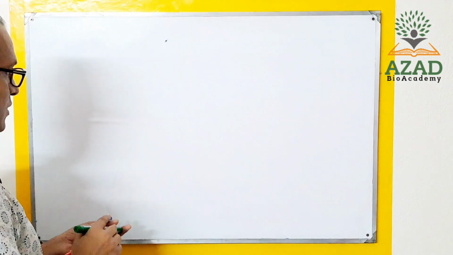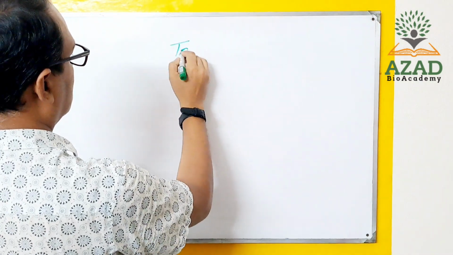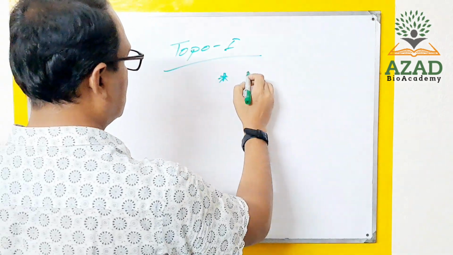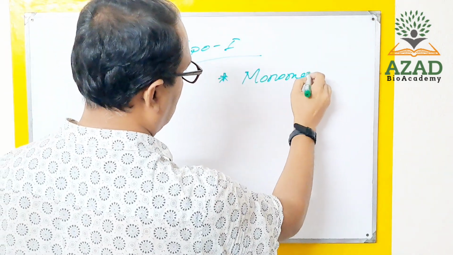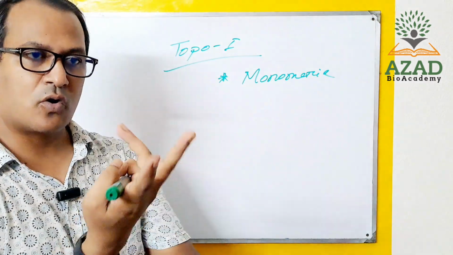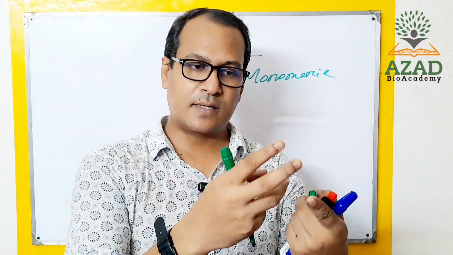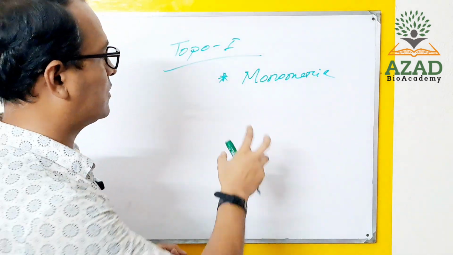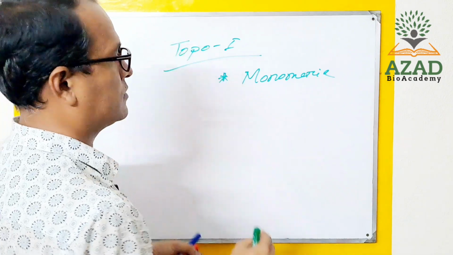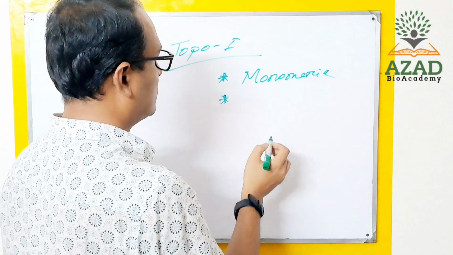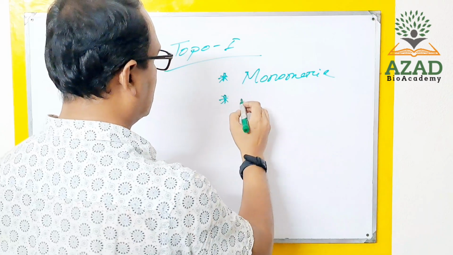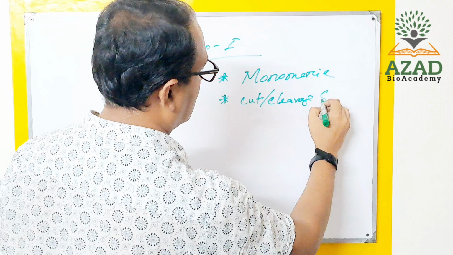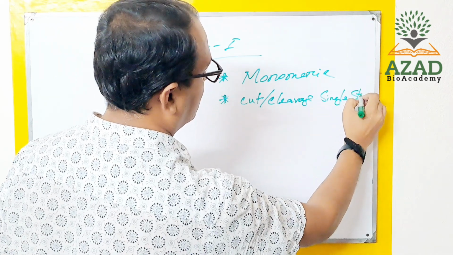So topoisomerase 1, the characteristic of topoisomerase 1 is that it is basically monomeric. Monomer structure means a long chain of amino acids that has a C terminal, N terminal, and core domain structure, and that forms the enzyme called topoisomerase 1, and it will cut or cleave a single strand of DNA.